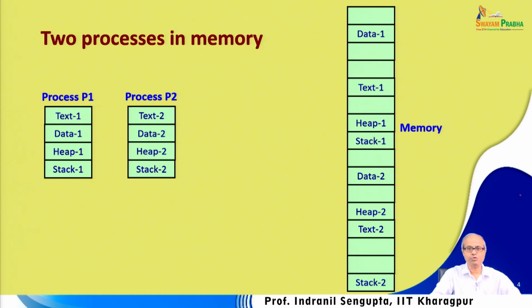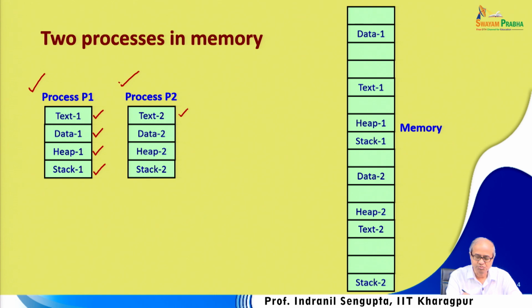Let us say we have two processes P1 and P2 which are running, and these are concurrent processes. One process is P1, the other process is P2. Now, one thing we discussed earlier, if you recall, is that whenever a process is running, it occupies some space in memory, and the typical spaces that are occupied are split into some regions, like the text region, data region, heap region and stack region.